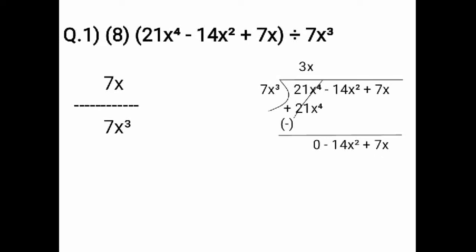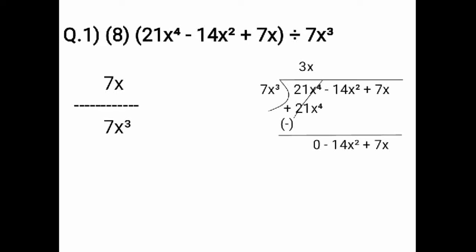When you take 7x upon 7x cube, same reason it is. On denominator 7x cube, 3 is the greatest index or greatest degree of polynomial, and on numerator 7x, you don't have any index. Okay, if you don't have any index, you have to consider it as index 1. 1 is the smallest index or smallest degree of polynomial. You can't divide smallest degree of polynomial by greatest degree of polynomial.